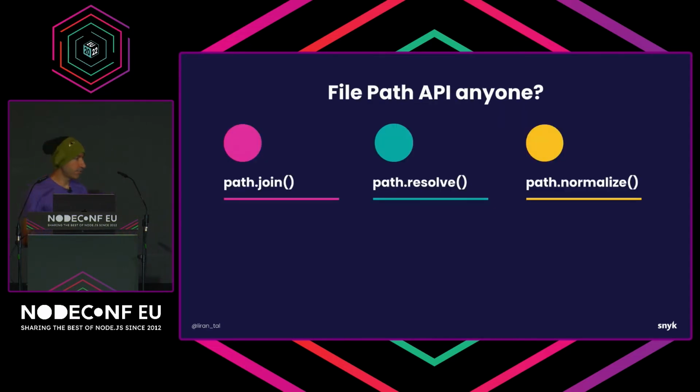So I wonder at this point, if we're taking Path Traversal APIs and just general file path APIs for granted, are we taking them for granted because their differences and nuances are very subtle? What a path join is, how that is different from path resolve or normalize, how they work differently, and what the actual potential pitfalls are with any of them.